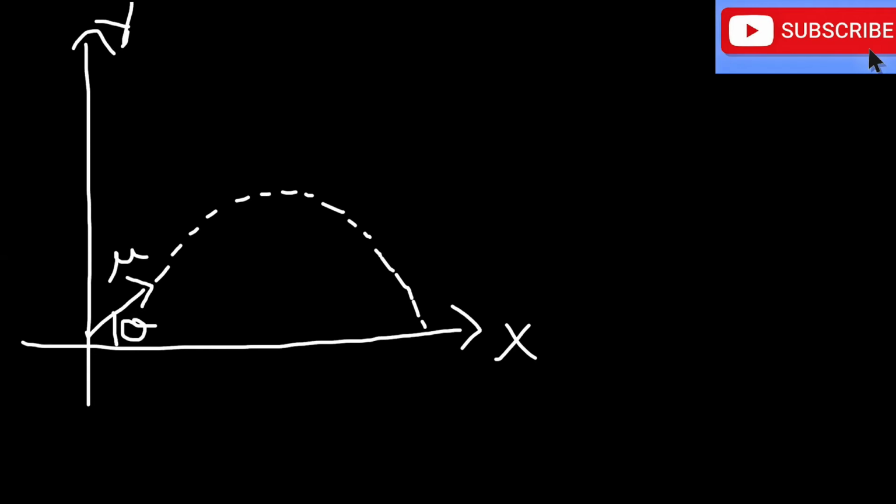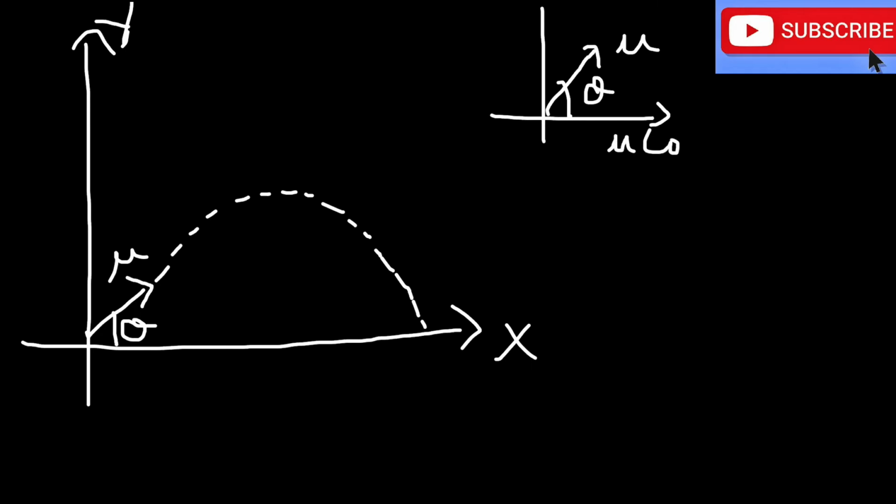To understand it easily, let us break the velocity into its two components, vertical and horizontal. So this is our velocity u inclined at angle theta. The horizontal component will be u cos theta and the vertical component will be u sin theta.